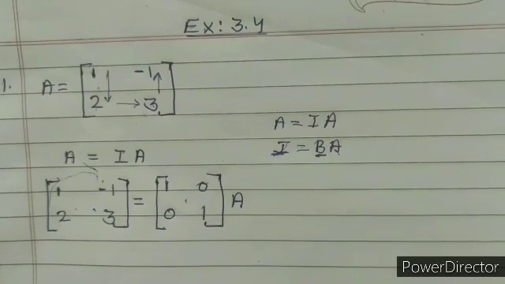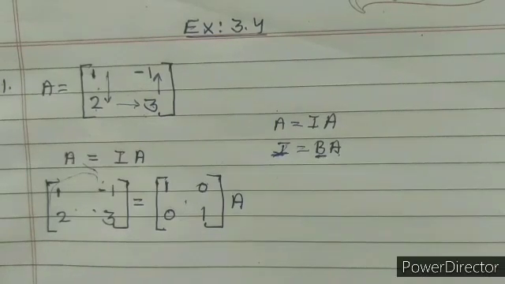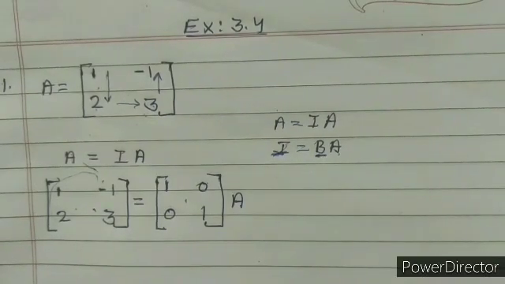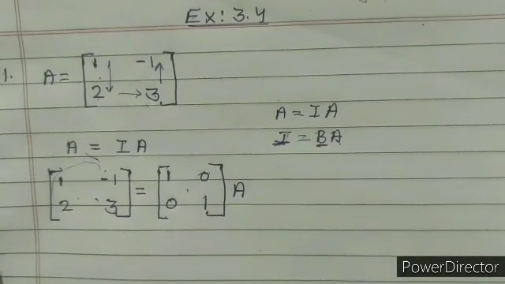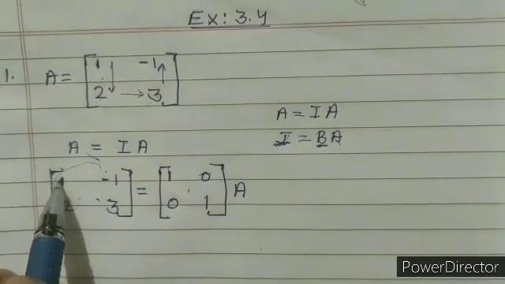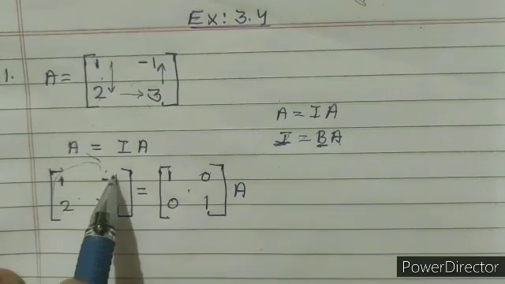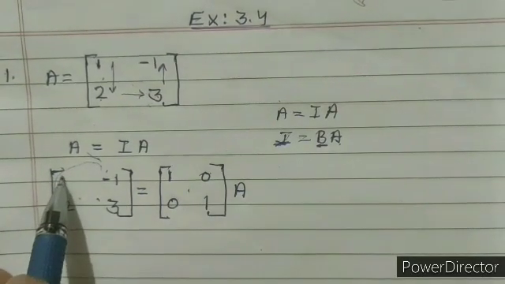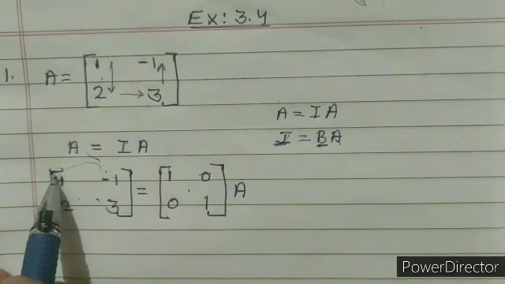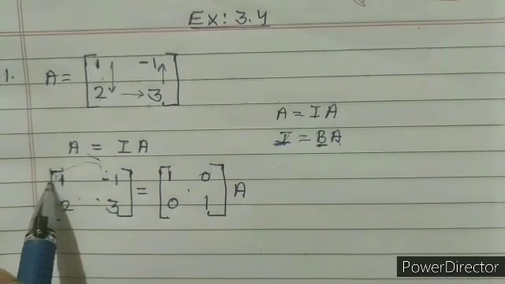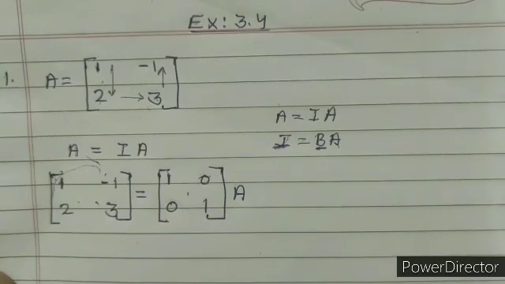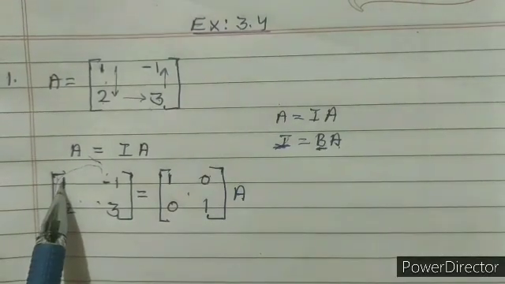We will solve the whole question either by row transformation or by column transformation. Now we have to convert this A into the identity matrix, and the first element of row 1 is already equal to 1, so there is no need to convert it.